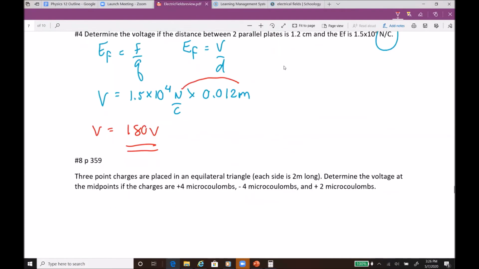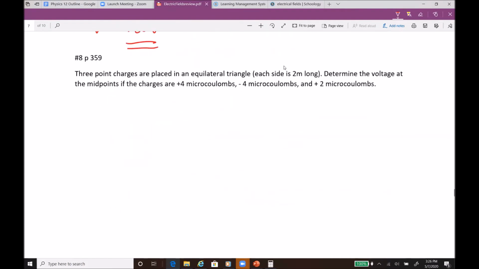so what's number 4? Let's look at number 8 now. Number 8, page 359. So I came across this question. I didn't actually assign this question. It wasn't part of the course outline, but maybe I should have assigned it because it's not explained that well in the book.